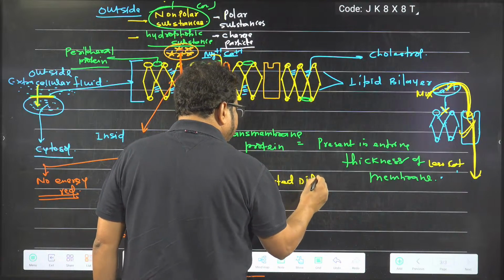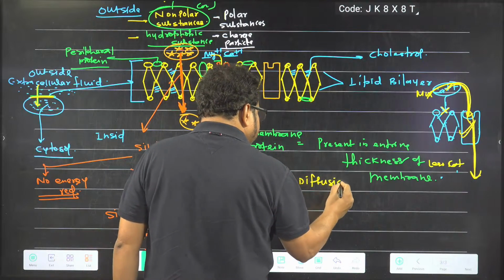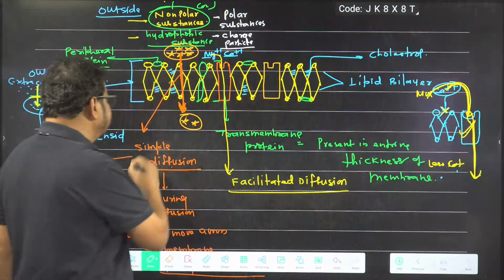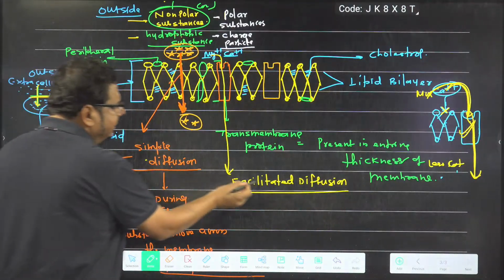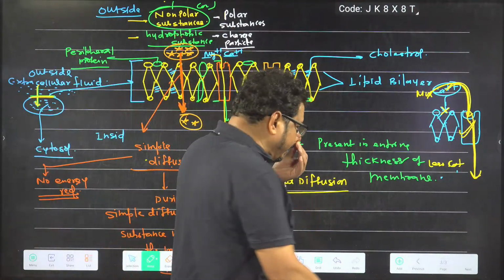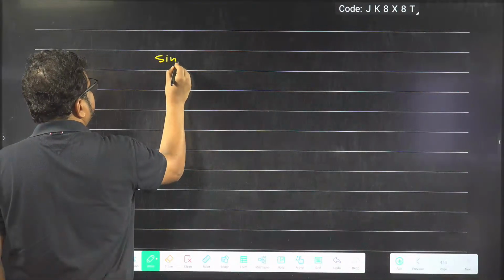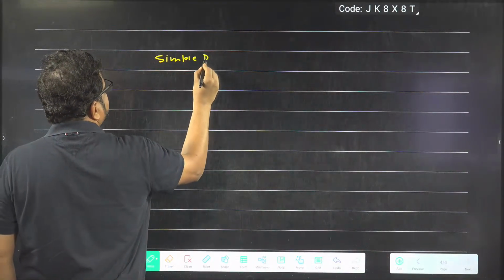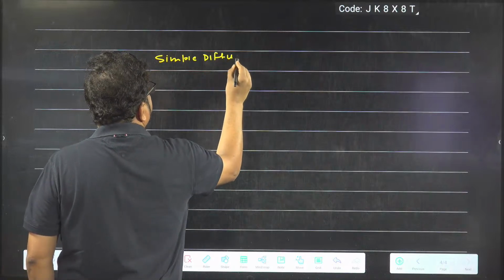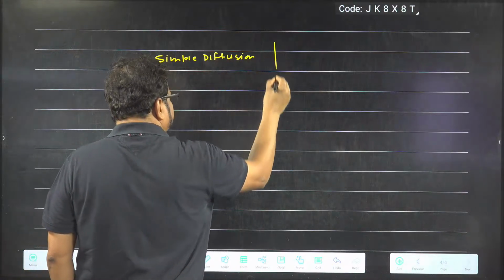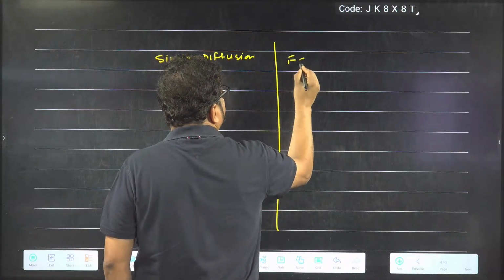So if I ask you what is the similarity and what is the difference between simple diffusion and facilitated diffusion, I will write here in a separate slide: simple diffusion across the membrane and facilitated diffusion.